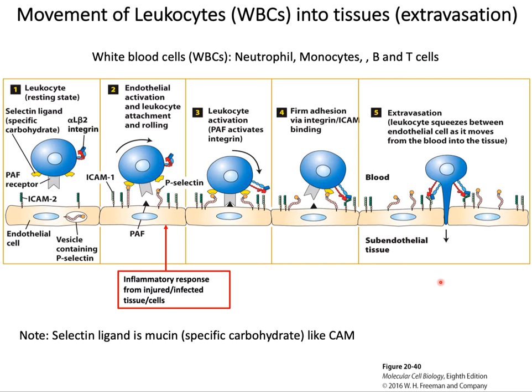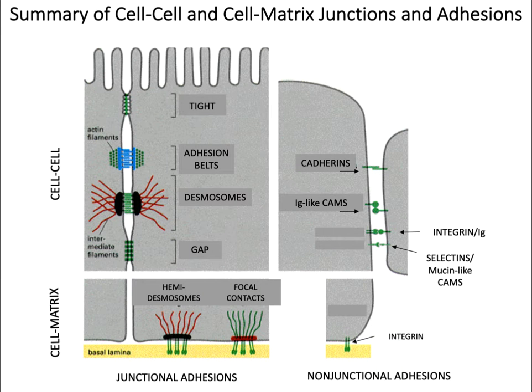This crawling out is also known as diapedesis in physiology. Interaction between integrin and the Ig superfamily CAM, interaction of the P-selectin and the glycoprotein mucin-like CAM, as well as signaling through a cell surface receptor PAF, all three of these functions come together to draw the white blood cell out of the bloodstream to the site of infections, where they are needed to fight the infection.